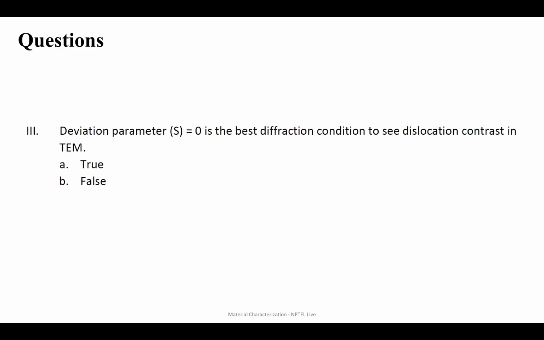Deviation parameter S equals 0 is the best diffraction condition to see dislocation contrast in TEM. True or false?